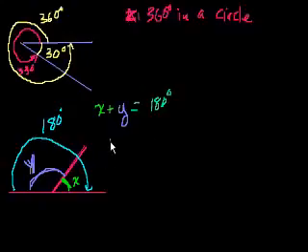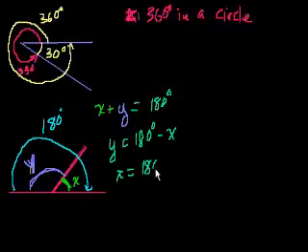Or you could write, Y is equal to 180 minus X, or X is equal to 180 minus Y. It makes sense that they do: if you add the two angles, you go halfway around a circle.